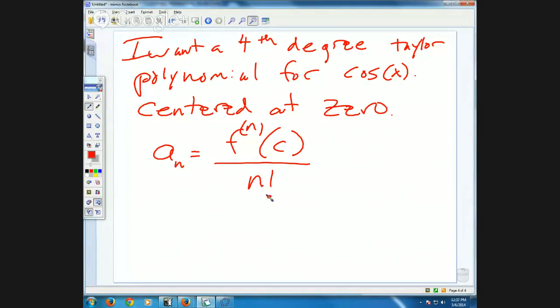Well, the 1 only happened with e to the x, right? Because the derivative of e to the x is e to the x, and e to the 0 is 1. So because the center was 0, and because we were using e to the x, we always ended up with 1 from that function. My numerator was always 1. The function we choose will give us different numerators, but the denominators are always n factorial.